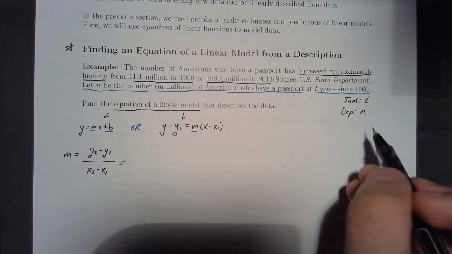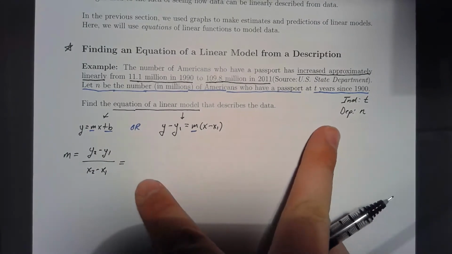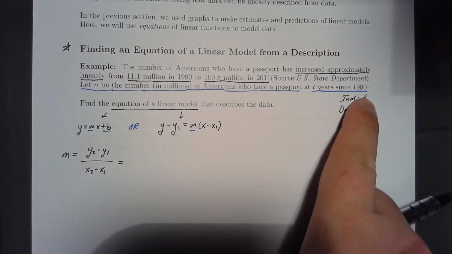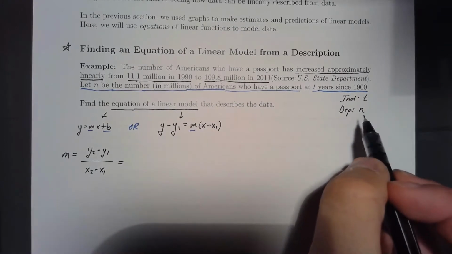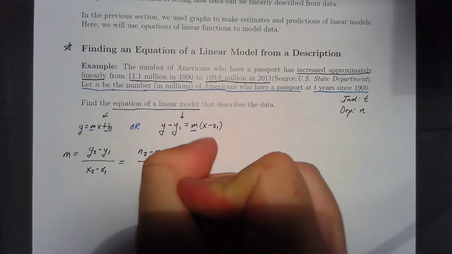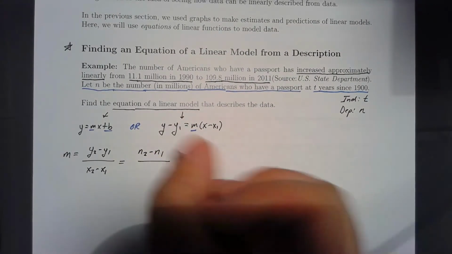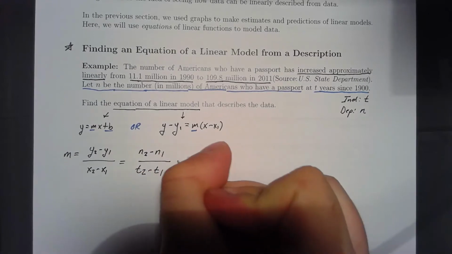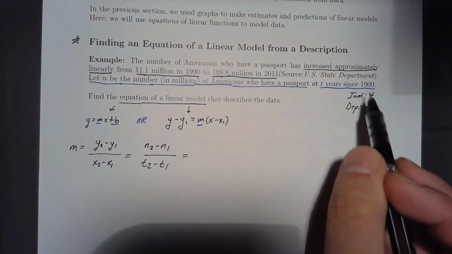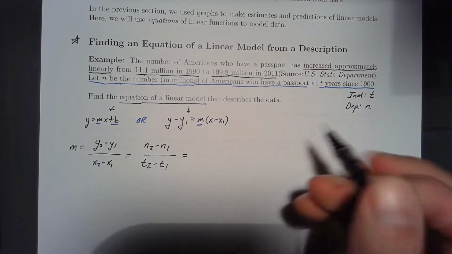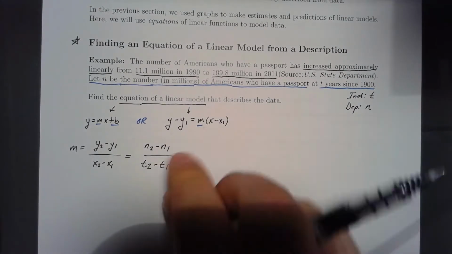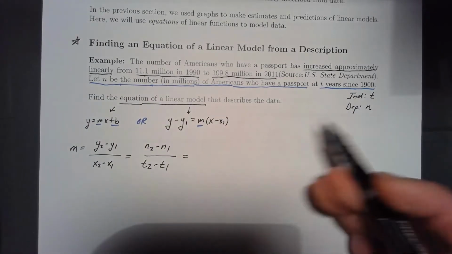So to make this problem more consistent, I'm going to replace y and x with their corresponding variables, t and n. Dependent is y typically, so this is going to be n2 minus n1 instead. And x in this case is t, so it's t2 minus t1. That's only because the problem has these variables in lieu of x and y. That's why it's important to know which one's independent and dependent, otherwise you can swap these incorrectly.